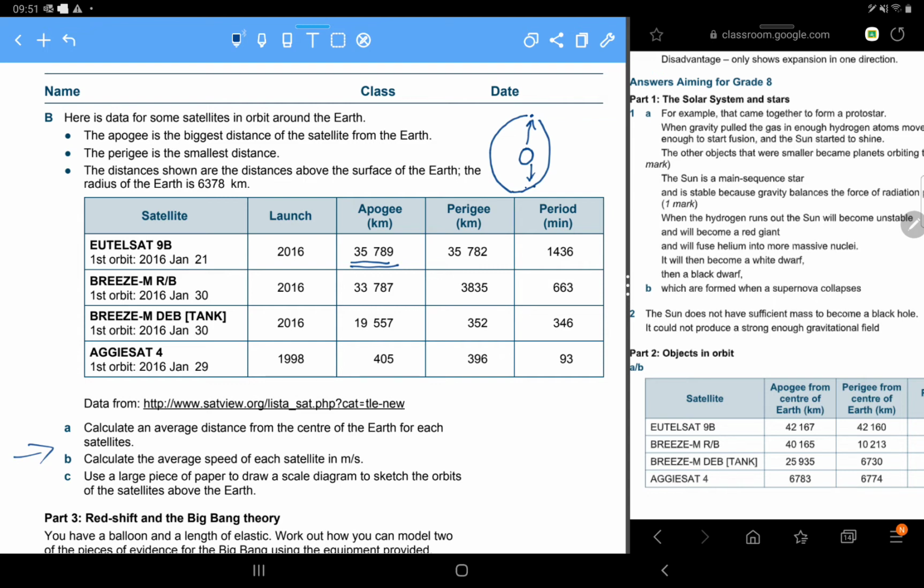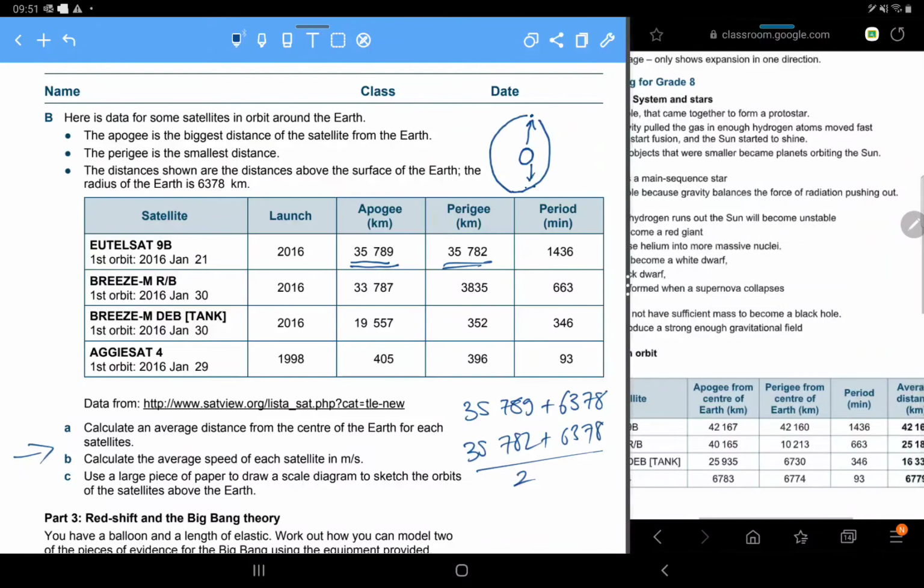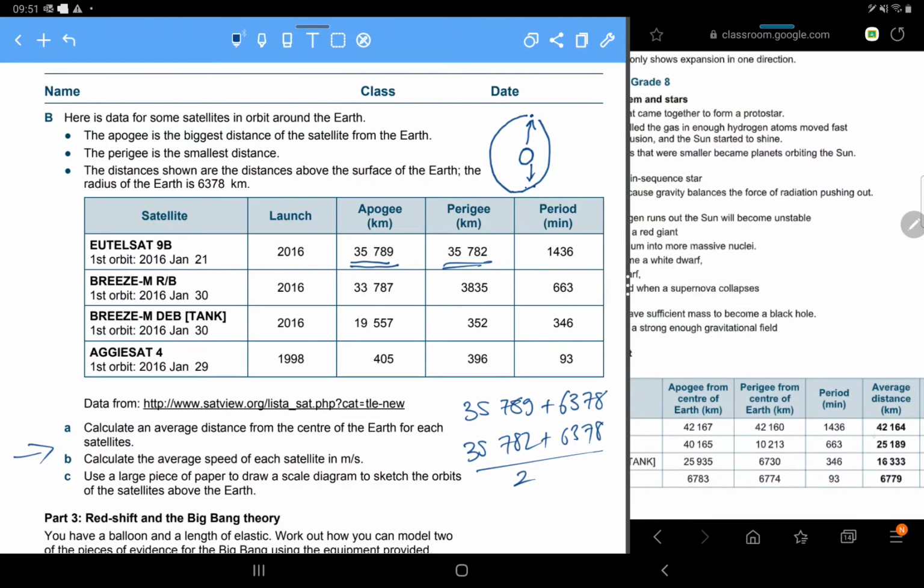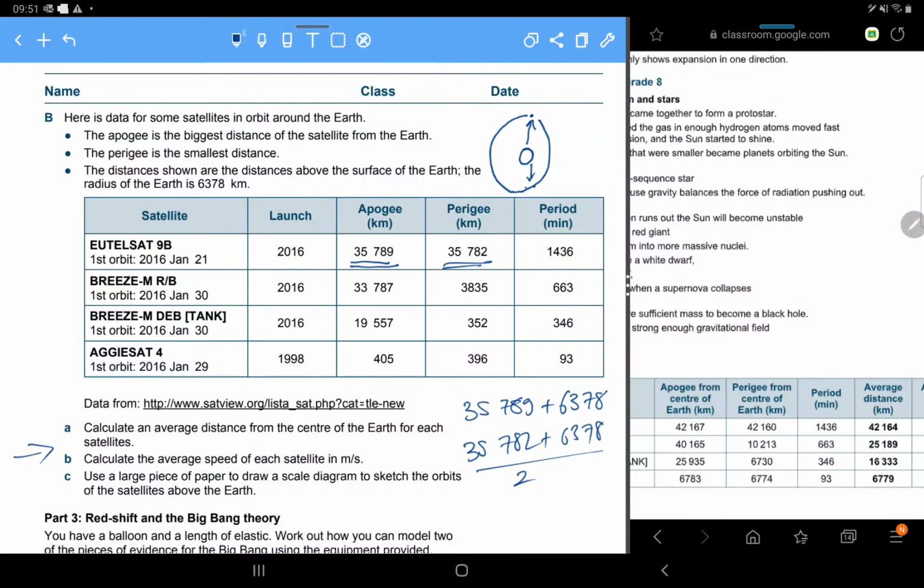So in order to find out the average distance for each satellite, you need to add 35,789 plus the radius of the Earth, which is 6,378, and the perigee, which is 35,782 plus 6,378, and divide by 2, and the answer you'll get is 42,164. We can see that on the right hand side there.